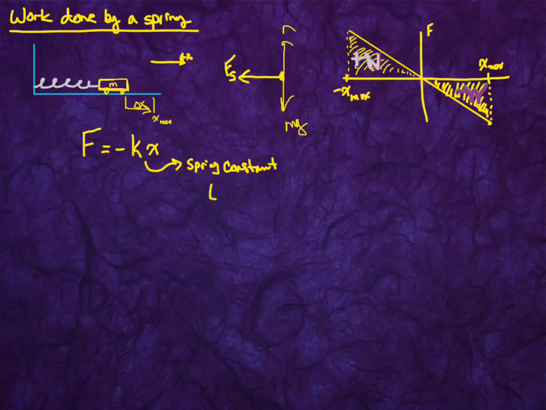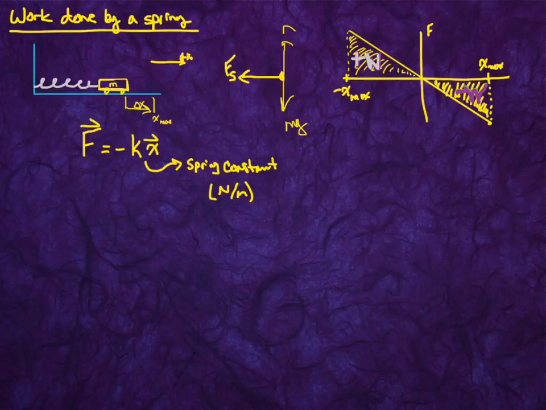It is in units of newtons per meter. So how many newtons is the force for every meter that you extend or compress the spring? Okay, and those are both vectors.